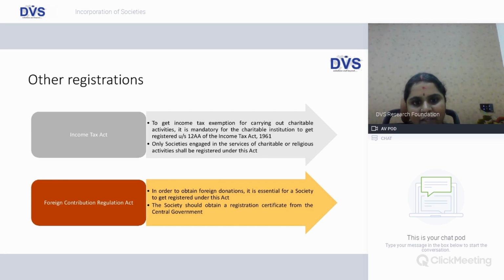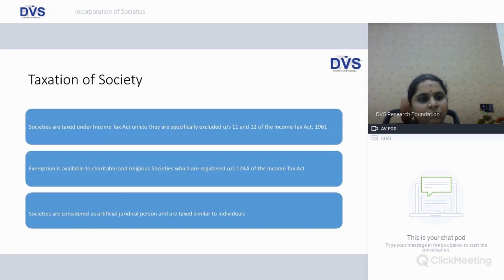Only societies engaged in charitable or religious activities can be registered under this Act. And for foreign donations, it is essential for the society to get registered under the Foreign Contribution Regulation Act. The society shall obtain a registration certificate from the central government.